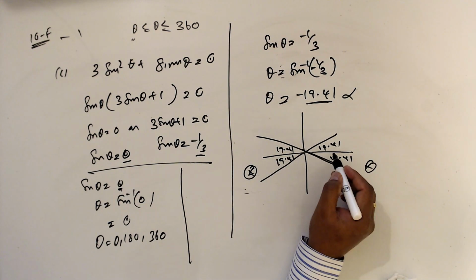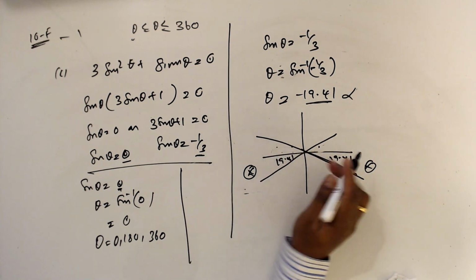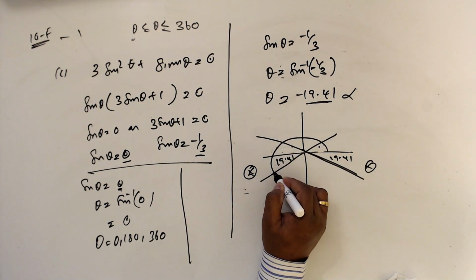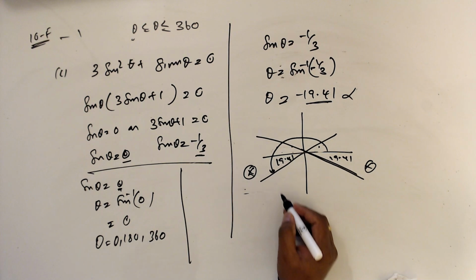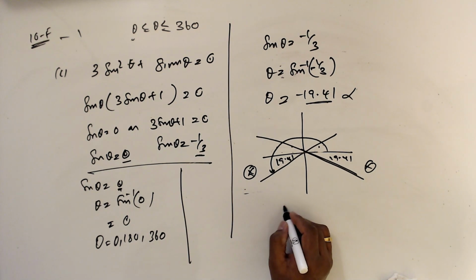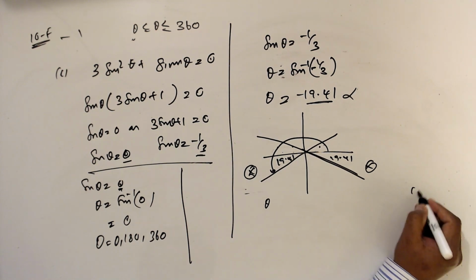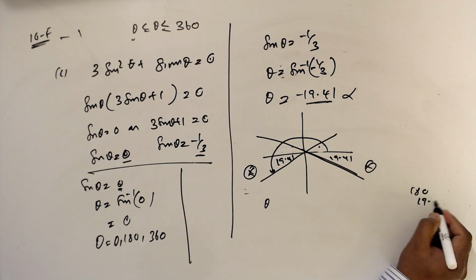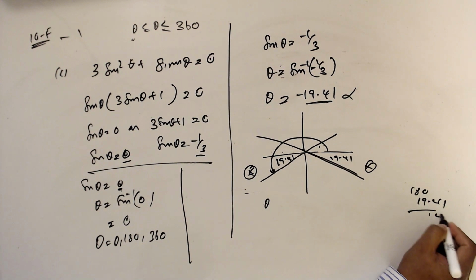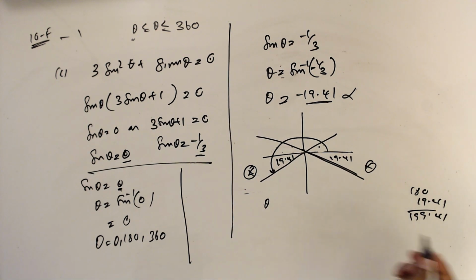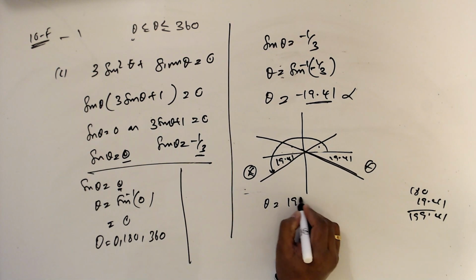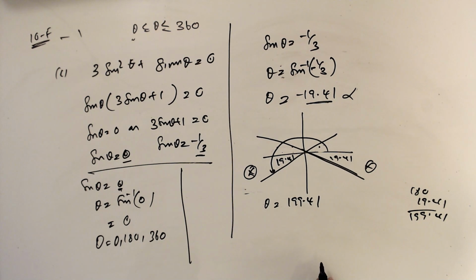So we'll start. This is the first angle: 180 plus 19.41. So theta equals 191.41.